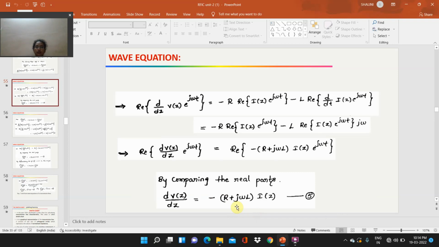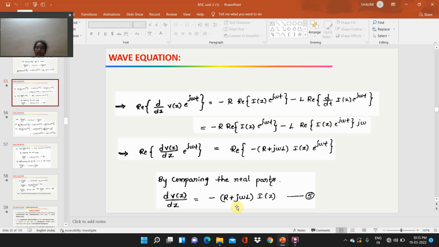Re of d by dZ of V of Z into e power j omega t is equal to minus R into Re of I of Z e power j omega t minus L Re of d by dt of I of Z e power j omega t, which is equal to minus R Re of I of Z e power j omega t minus L into Re of I of Z e power j omega t into j omega.